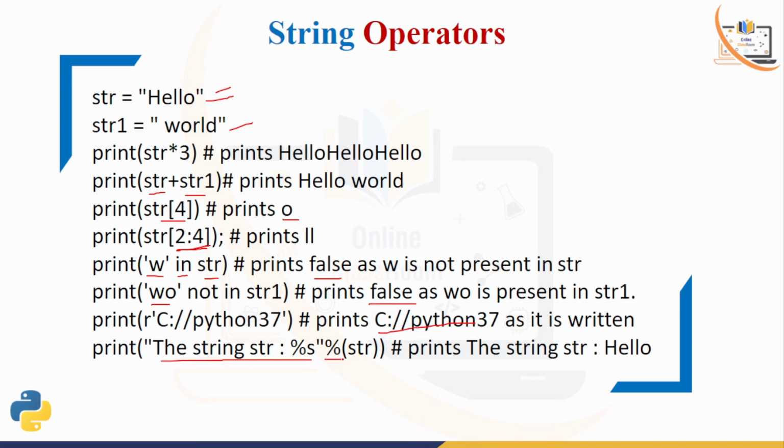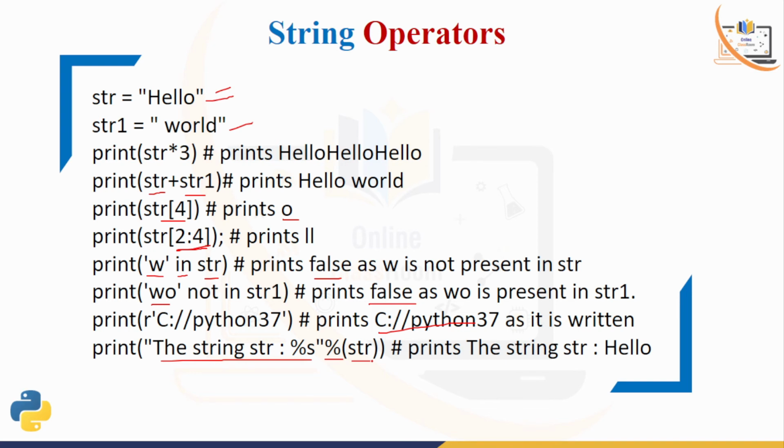In C we have to write a comma here, but in Python, the % operator acts as a separator. If you write str1, the output will be 'the string str: world', and as str is hello, the output will be 'the string str: hello'.